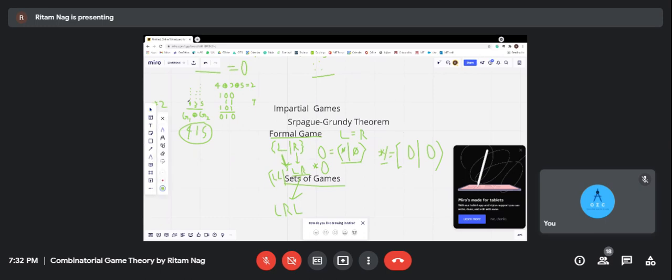So let me illustrate it for you. Consider the nim game with exactly two stones on one pile. Now this game is actually equivalent, I'll claim, to the game consisting of the empty game and the game with only the empty game.